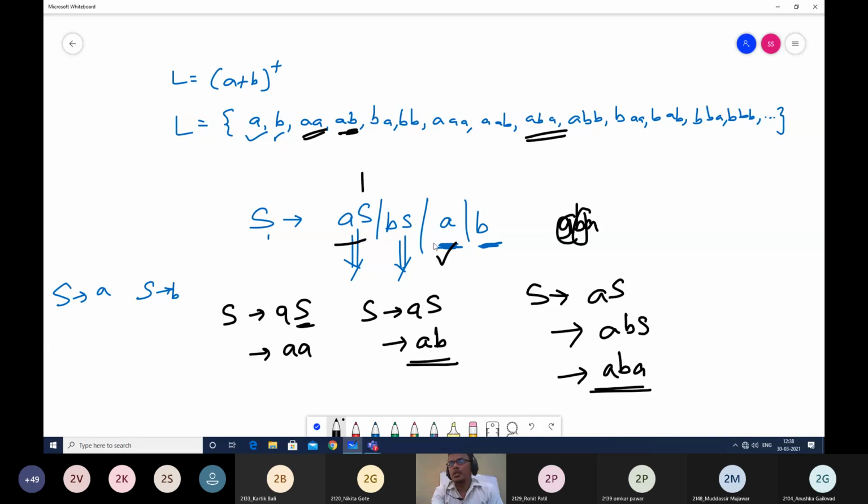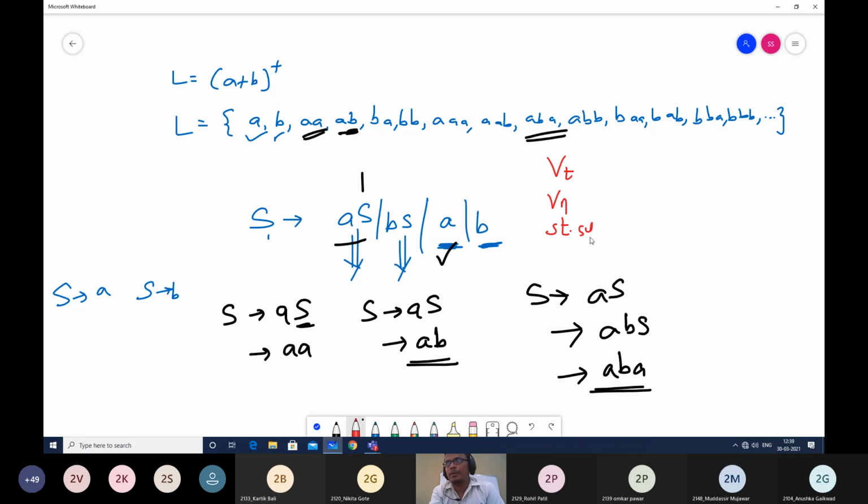Did you understand? So instead of writing null, we are terminating it with A or B. Then we will get the grammar for (A or B)+. Is it clear? Yes, students, is it clear? So you can write down the grammar production rules and also mention what is terminal, non-terminal and starting symbol.